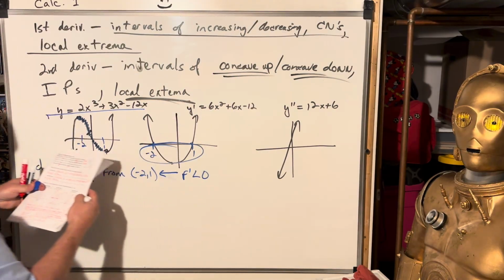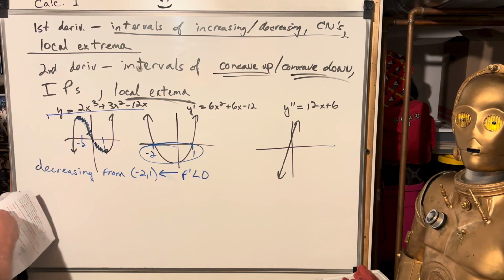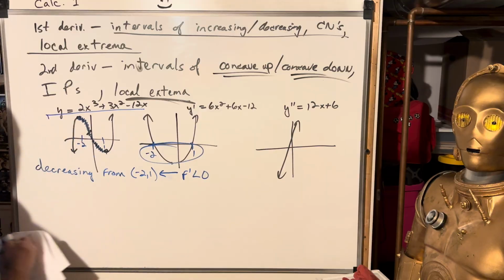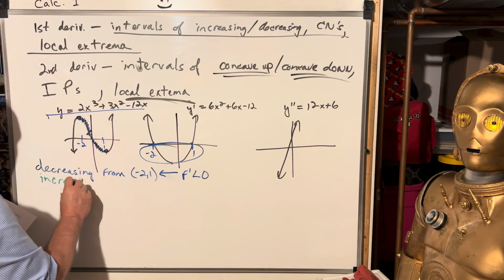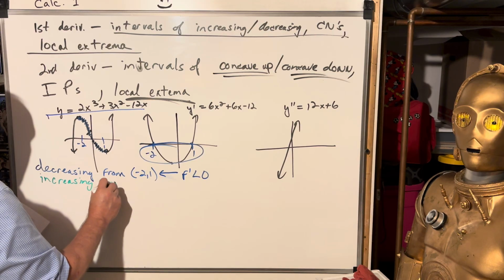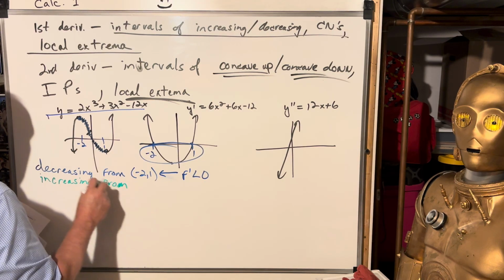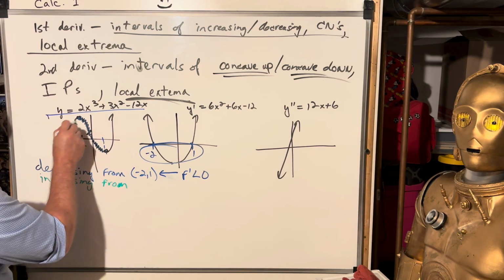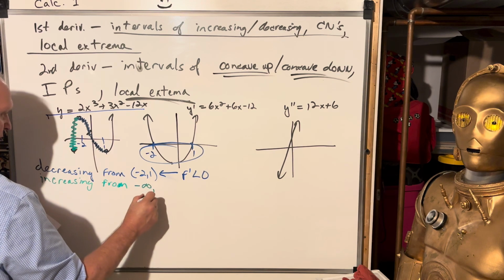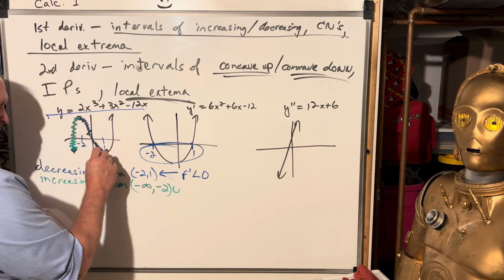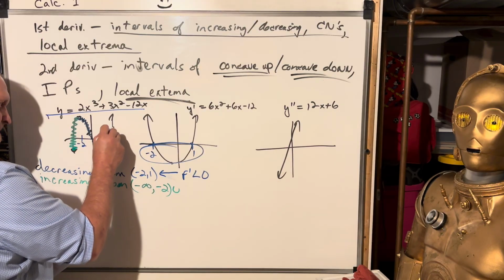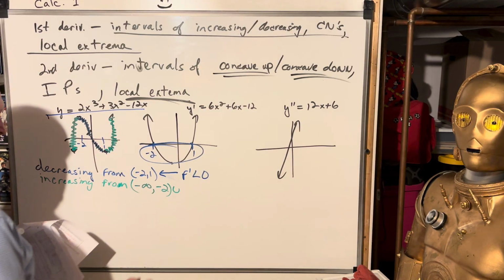All right, so let's do increasing now. So it's increasing from -infinity to -2 in union with 1 to infinity.